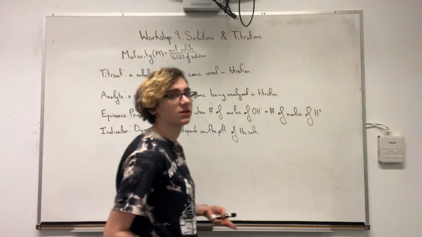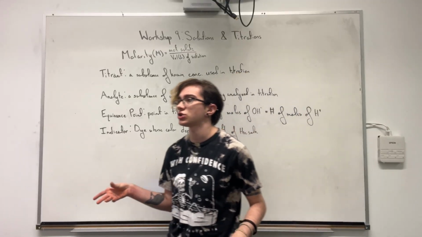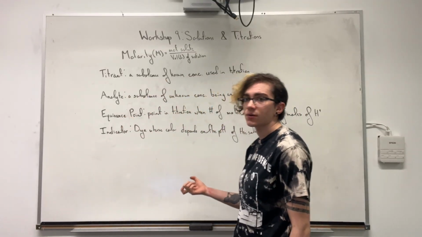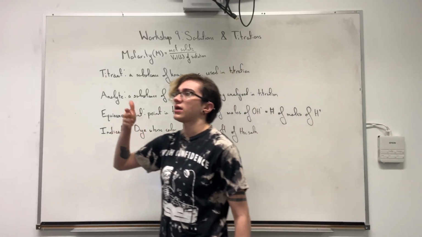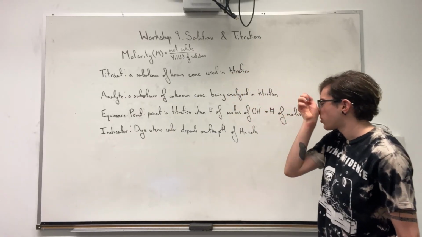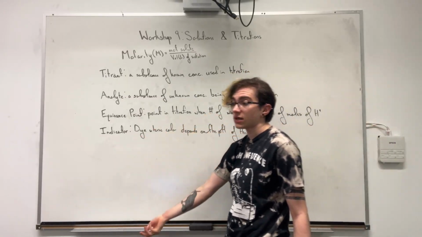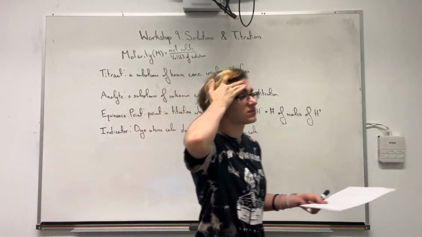There are a bunch of different indicators you can use depending on the titration you're performing. If you have a titration where the equivalence pH is more basic, you want an indicator that is going to have that color change at a more basic pH range. If you have a titration where the equivalence point is more acidic, you want an indicator that's going to have a color change in a more acidic range.